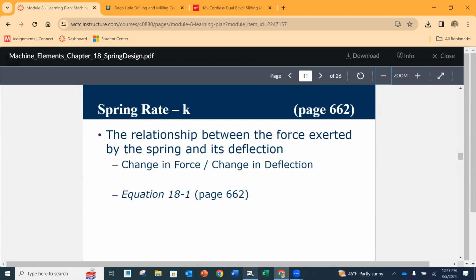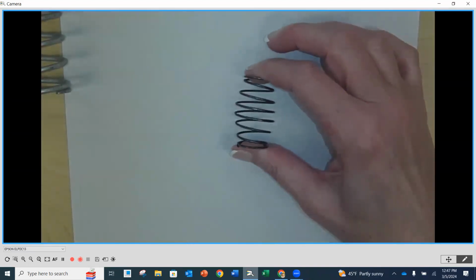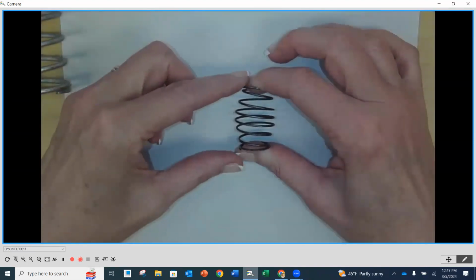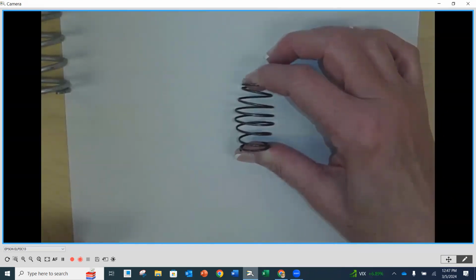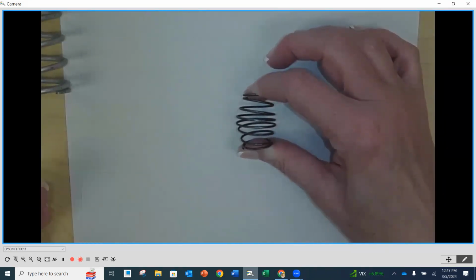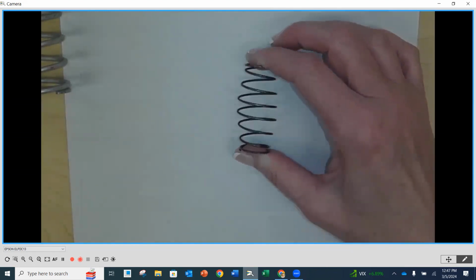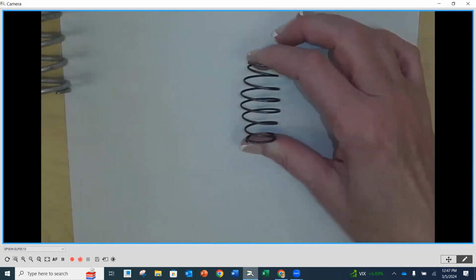So if I look at how much force it's going to take me to get to whatever this measured length would be, that's a function of this spring in terms of its spring rate. Okay, then what it allows me to do, once I know what that spring rate is, if I collapse it a little bit more and I want to know what the force is at this new length, I can predict that based on this spring rate being the same throughout the entire operation of that spring.